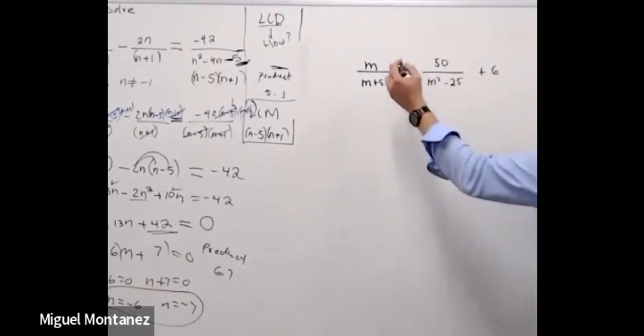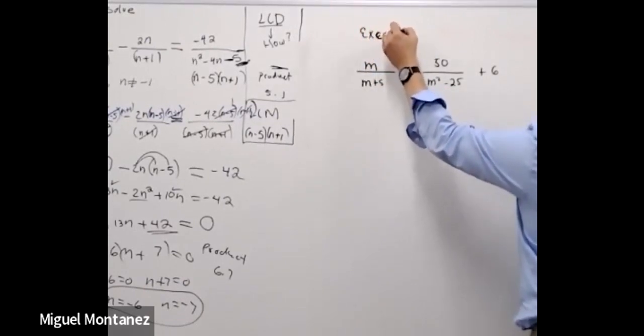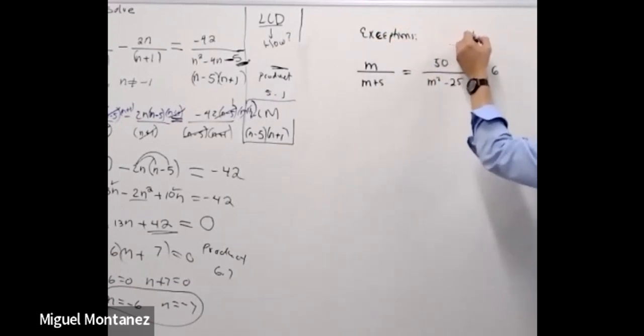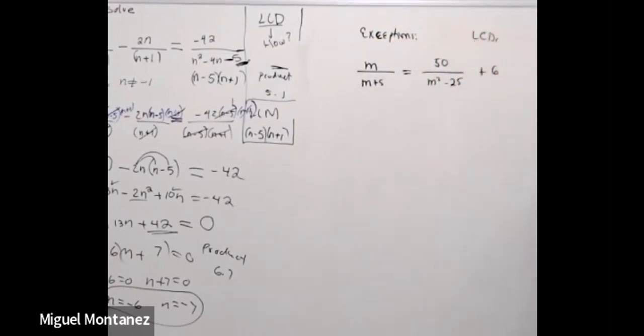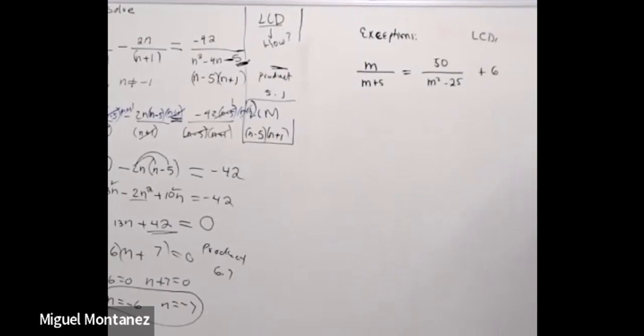Once we have the problem, we always have to find the exceptions, and the LCD. Since my variable is in the denominator, my denominator cannot be 0. So we always need to avoid 0 in the denominator.